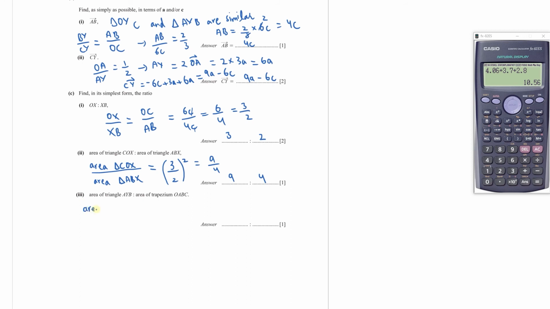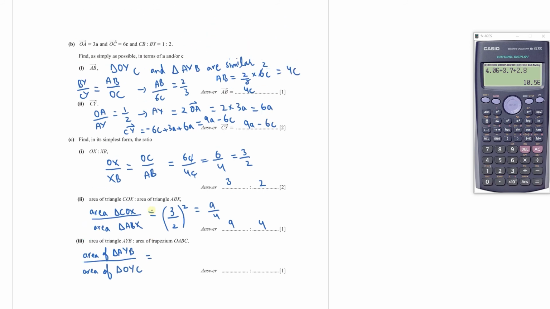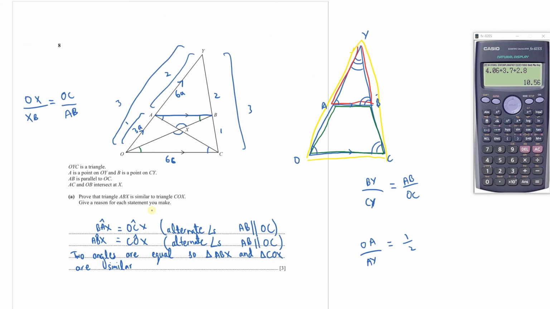So area of triangle AYB over area of triangle OYC, and we know that this length is 2, this length here is 2, this length here is 3. So this will be 2 over 3 squared.